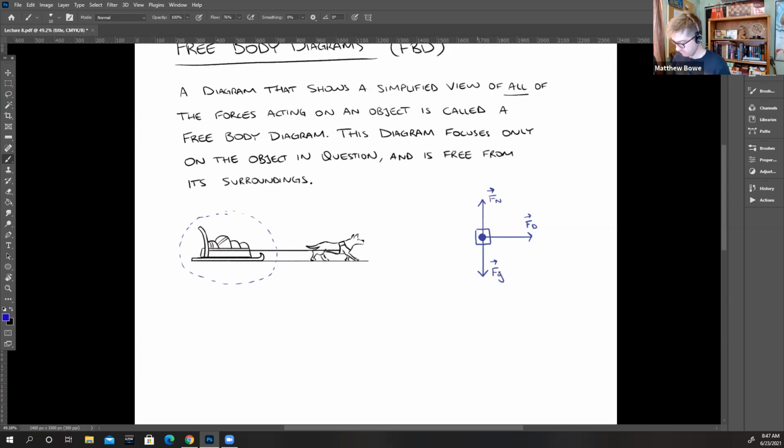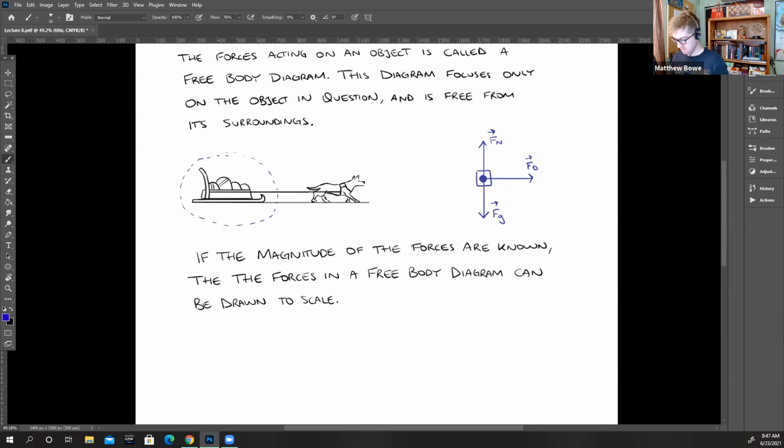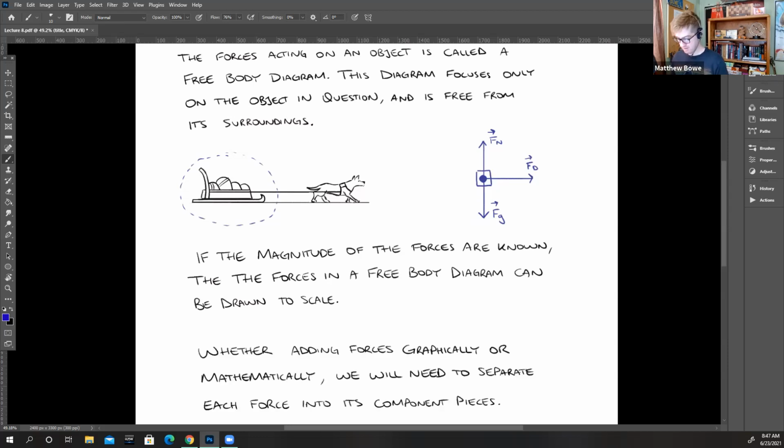I could solve any problems like this. I could see that these two are probably going to cancel each other out. We'll get to that in a minute. You could do all of this graphically or mathematically. So the magnitude of the vectors can be drawn to scale.